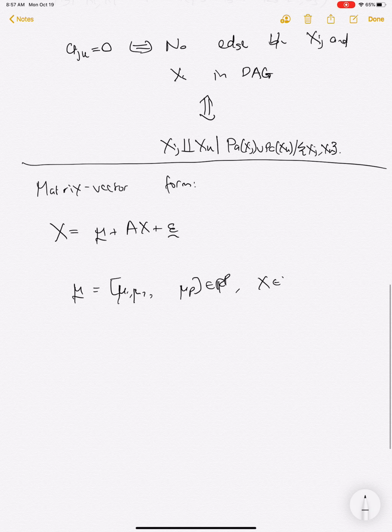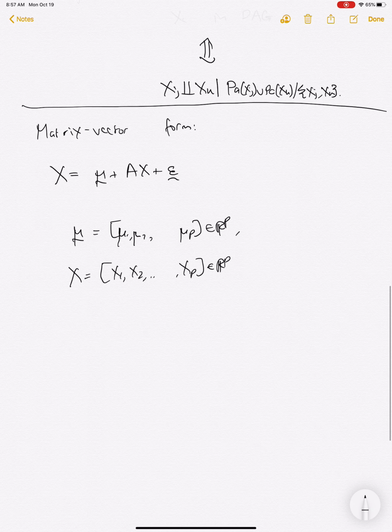Obviously x is in R to the p, that's the random variable that we have. Then we have A, which encodes the graph structure.